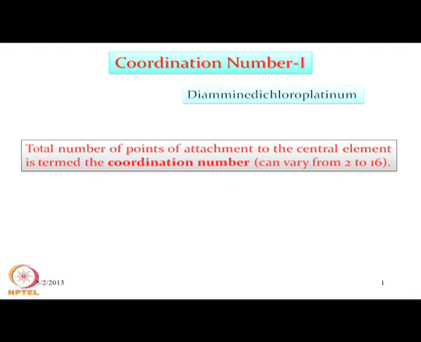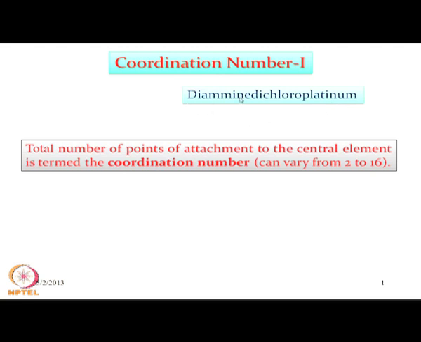So, what we have just seen during the IUPAC nomenclature of some compounds, we encountered a medicinal coordination complex, which can be used as a very good medicine, which is diamminedichloroplatinum. And this name immediately tells us the number of ligands attached to the platinum center.